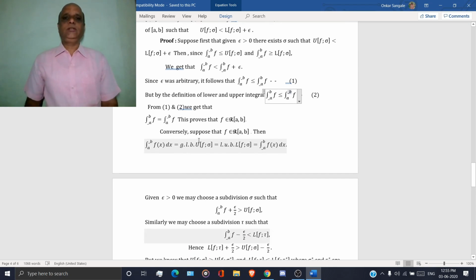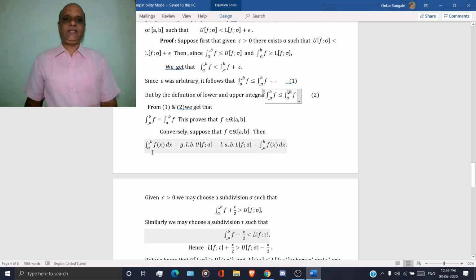Now conversely, suppose that f is a Riemann integrable function; then we have to prove the condition. As f is Riemann integrable, it is clear from the definition that the upper integral is equal to the lower integral.